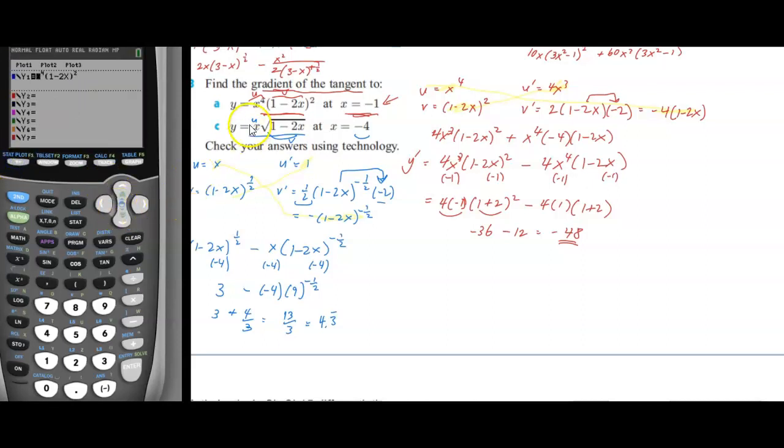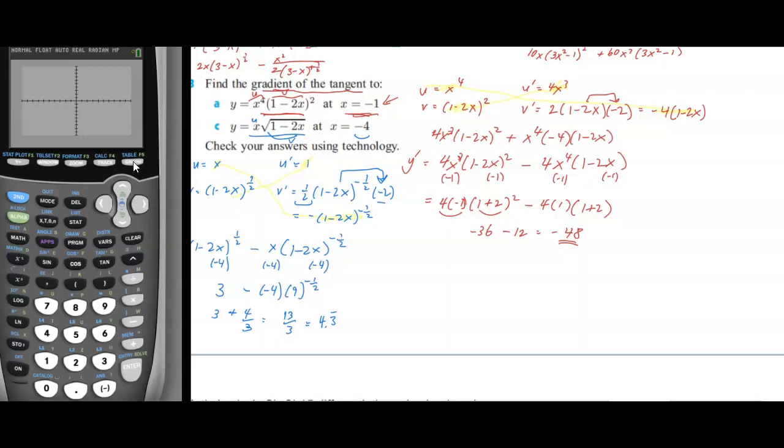Let's confirm that by using the calculator. So I'm going to type this into the calculator, the original function, not the derivative. So I just put 1 minus 2x to the 0.5 power because that's a little bit easier than going back and typing the square root. If I wanted to put the square root, I would do second this button here, and then I would get the radical sign, right? So I graph that.